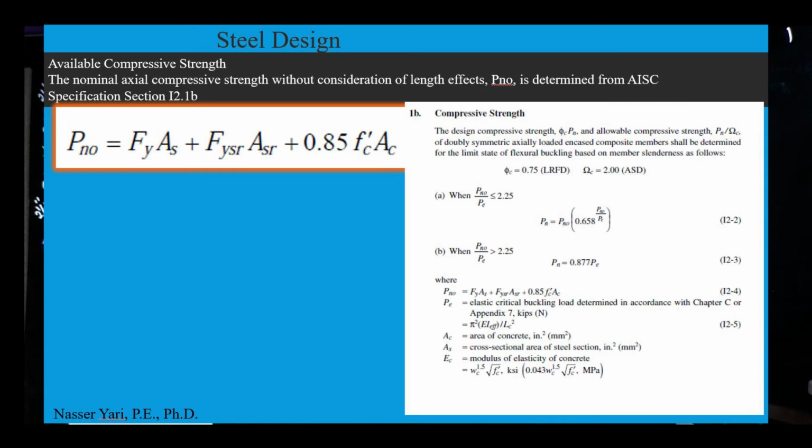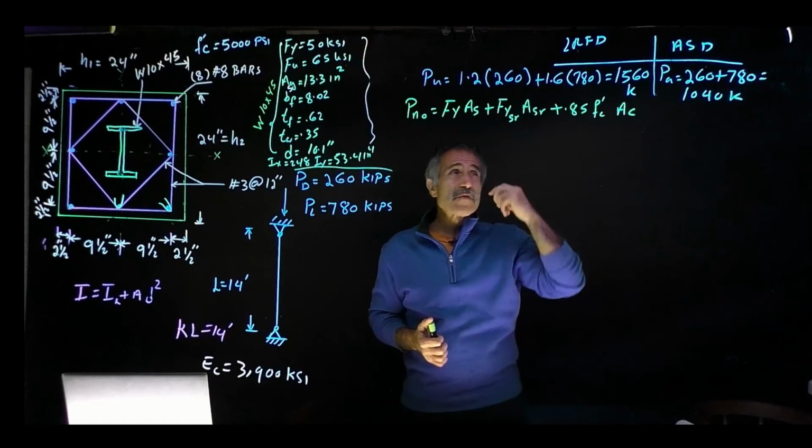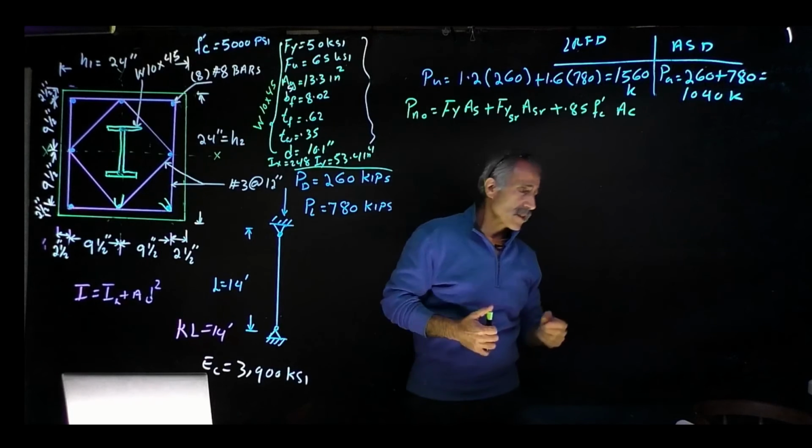So the next thing we're going to calculate is the nominal axial compressive strength without the consideration of the length effect, Pno. And Pno is basically given by Fy of the steel times the area of the steel, plus the yield strength of the rebar times the area of the rebar, plus the concrete, which would be 0.85 f'c times Ac. Let's go ahead and do this.